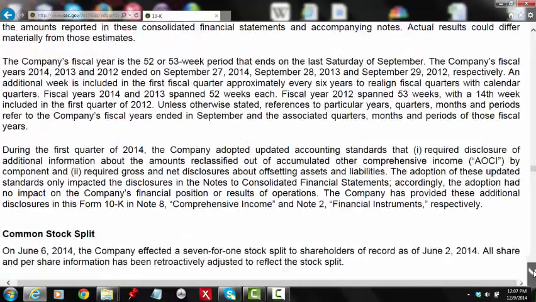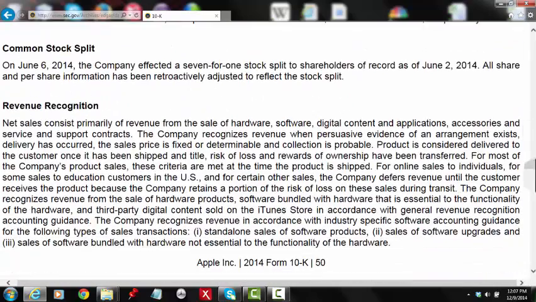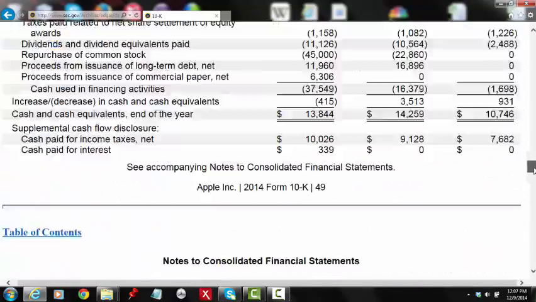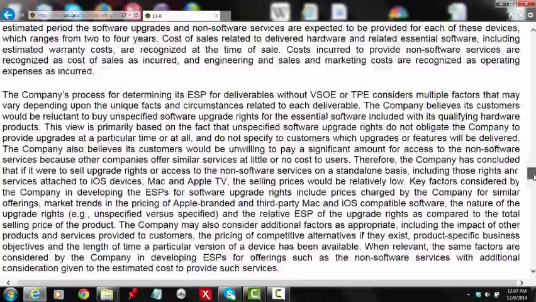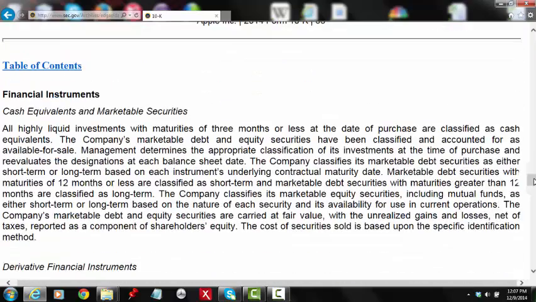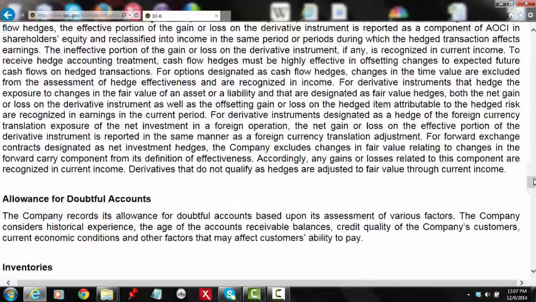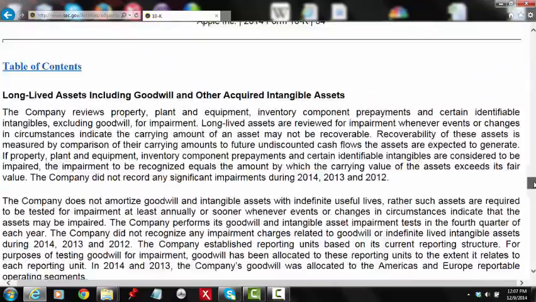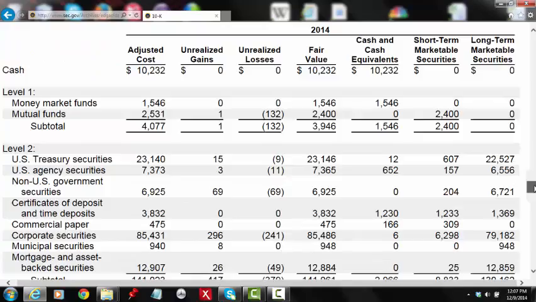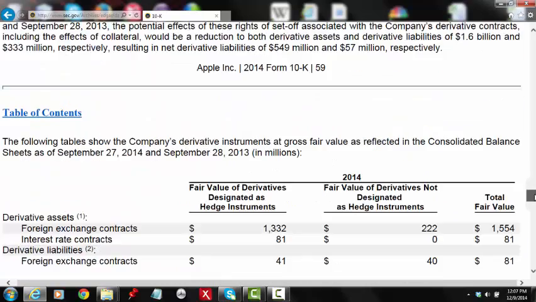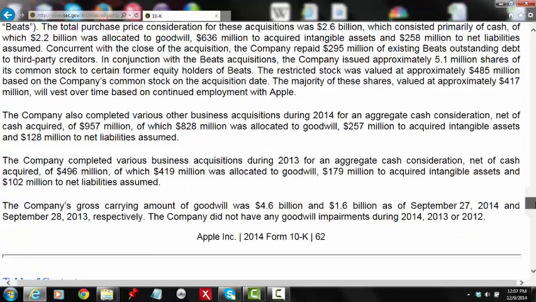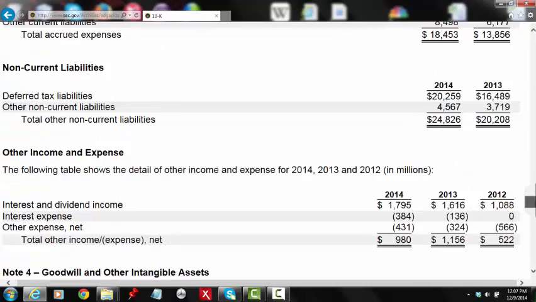Then come the footnotes. They have revenue recognition. They're talking about all the accounting arrangements they have made, and what these things mean. So all are very general information. It talks about cash and all, and note 4 is about goodwill.